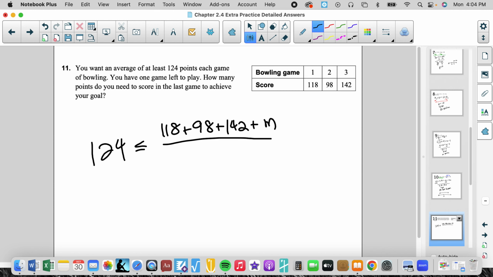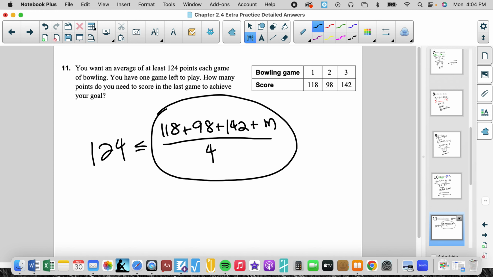I'm going to name it M, divided by 4. That creates an average. The sum of all the games divided by the number of games, we want that average to be at least 124.